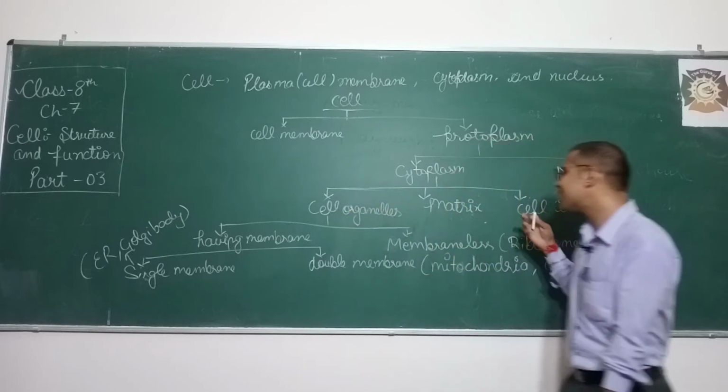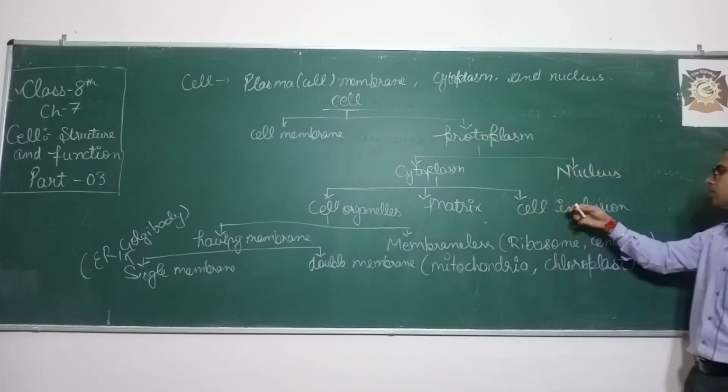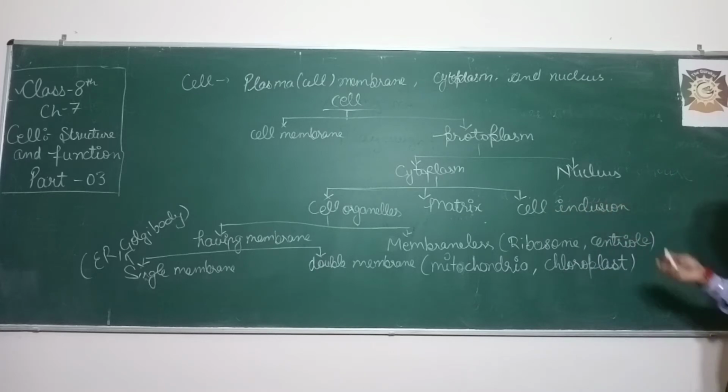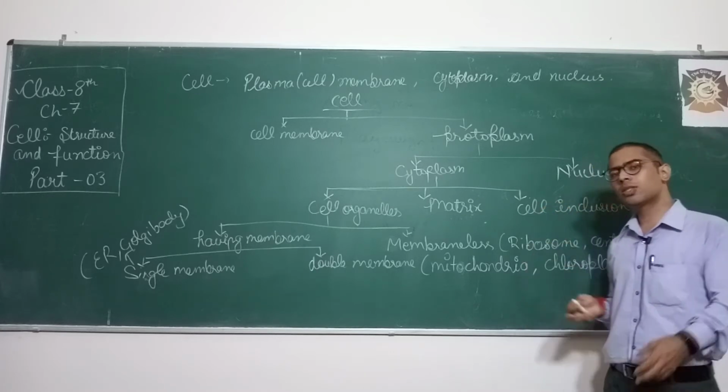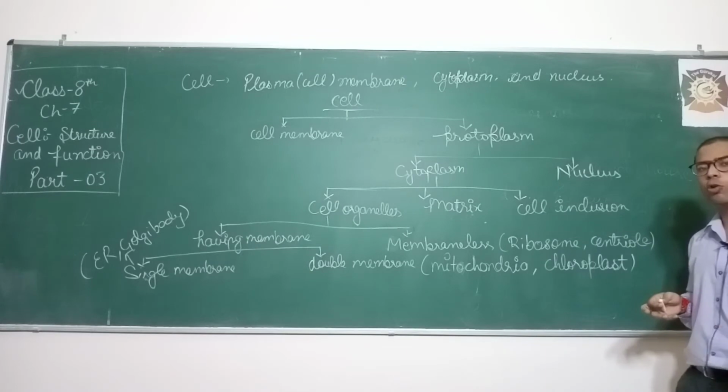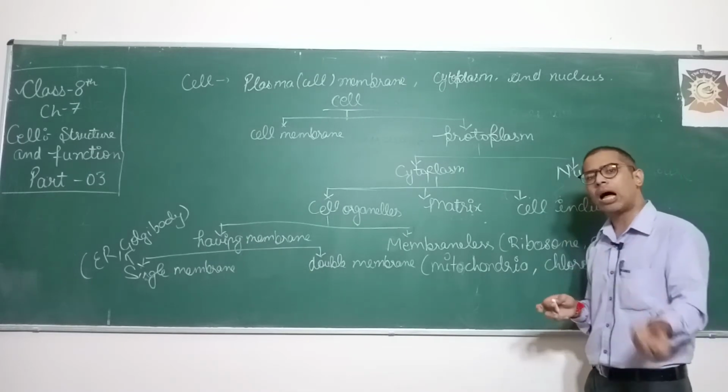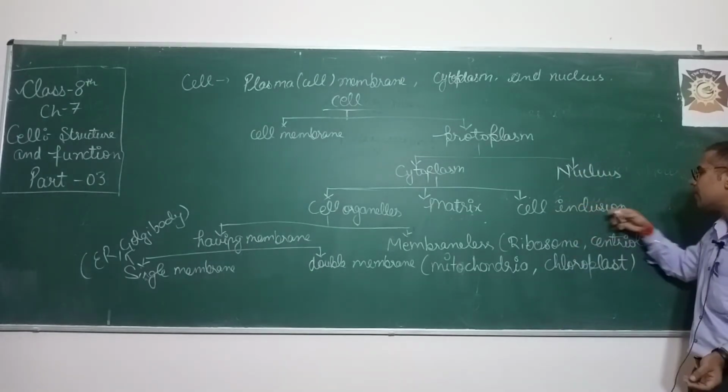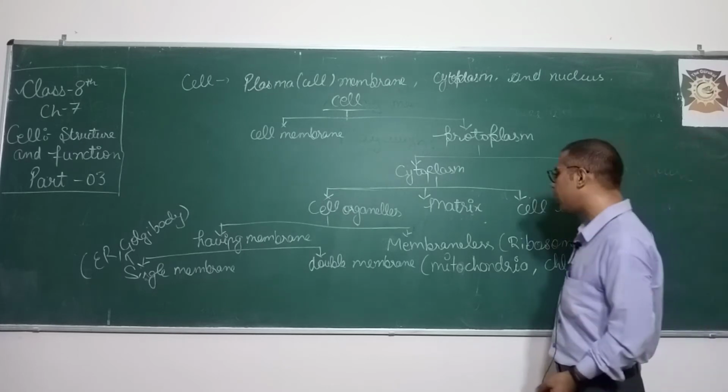Inside the cytoplasm there is also cell inclusion, meaning whatever comes from outside, like glucose, amino acid, vitamin, mineral. All those things come into the category of cell inclusion.